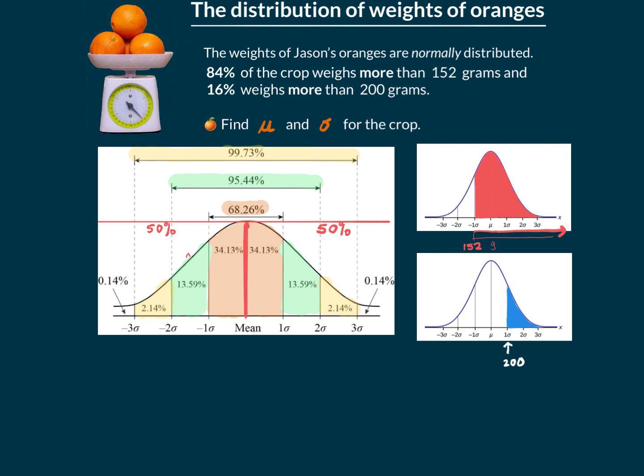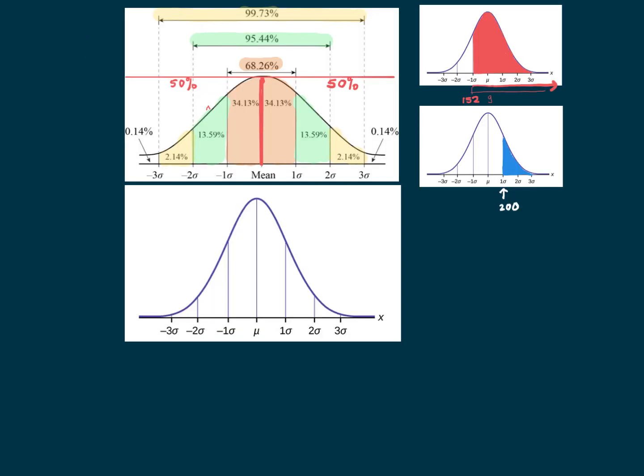Since I already have 2 values here, one is 152 for -1 standard deviation, followed by 200 for 1 standard deviation. So I have now identified 2 points. One is here of 152 grams, and the other one is at 1 standard deviation, which is 200 grams.